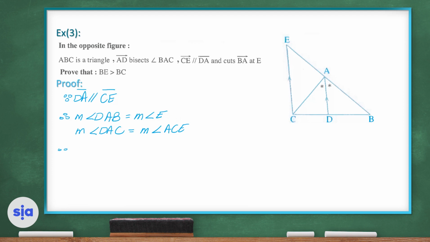Also, since the measure of angle CAD is equal to the measure of angle DAB, therefore the measure of angle E is equal to the measure of angle ACE.